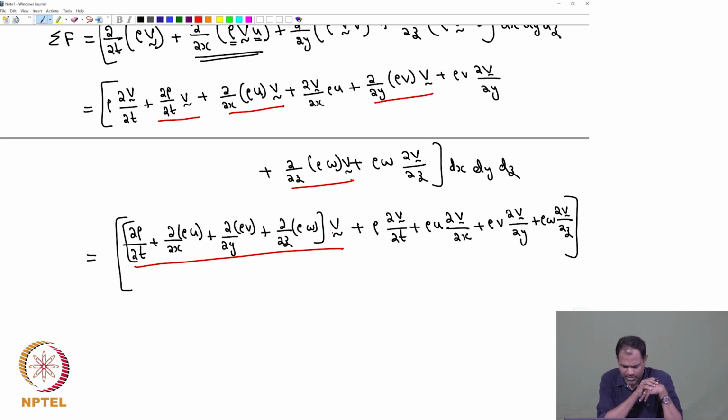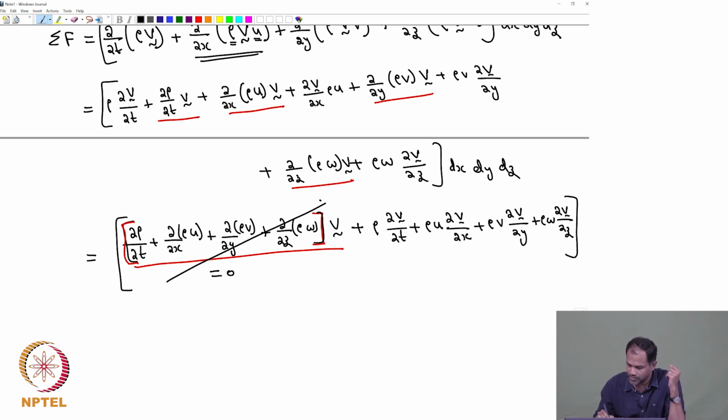Now, what is this term in this square bracket that I have put? That is nothing but continuity equation. So, if you look at your notes, it is essentially del rho by del t plus divergence of rho v, okay, and we know that that quantity is actually equal to 0.